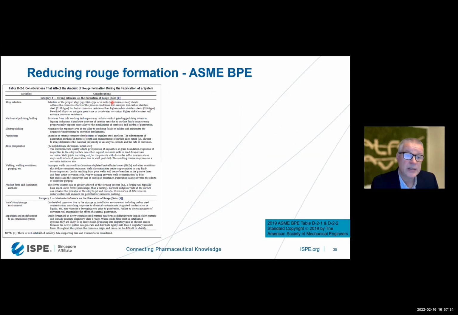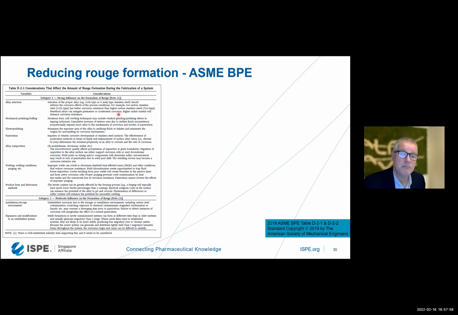But what we can see here in Table D-2-1 are considerations that affect the amount of rouge formation during fabrication of the system. So not during operation, but during fabrication of equipment or system. They talk about the alloy selection, but very much about 316L type.